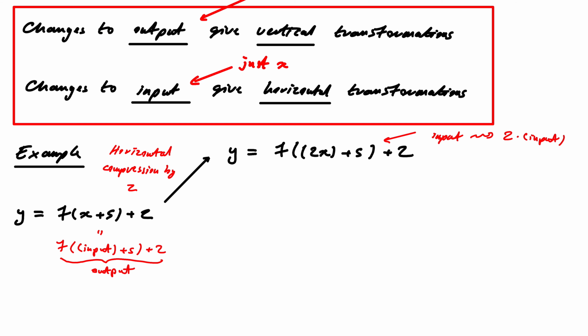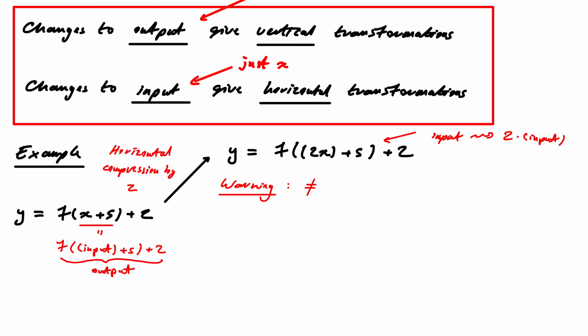Now, a warning, a mistake I've seen countless times. Disastrous in midterms. This is not equal to the following. So the input is x. The input is not x plus 5. Sure, you're feeding that into your function f, but f isn't the function.